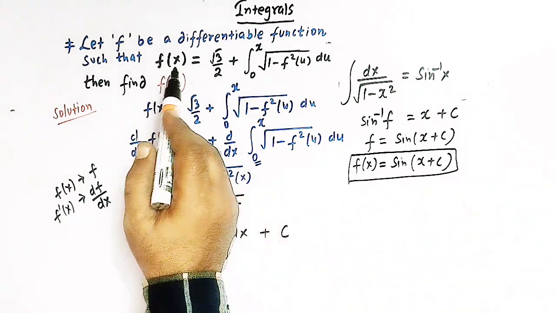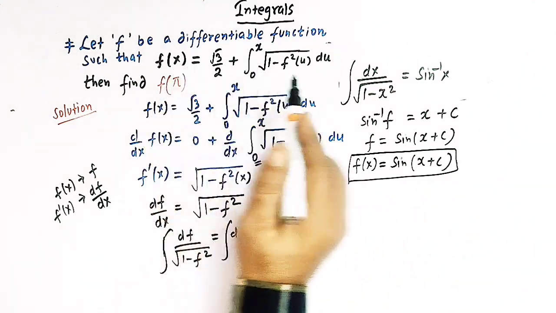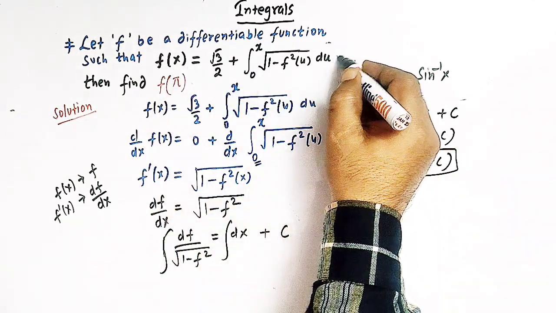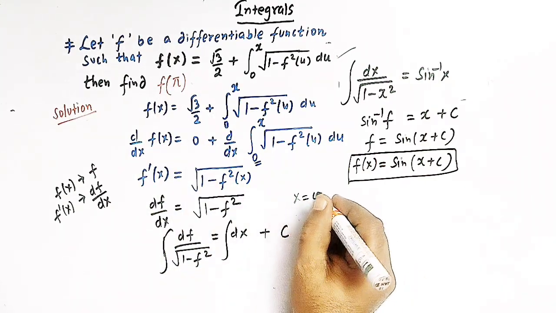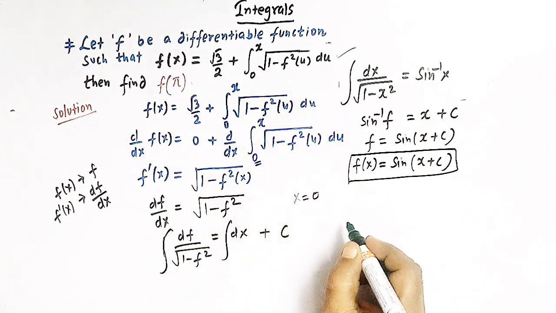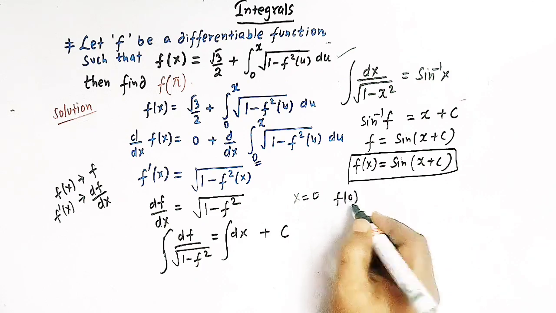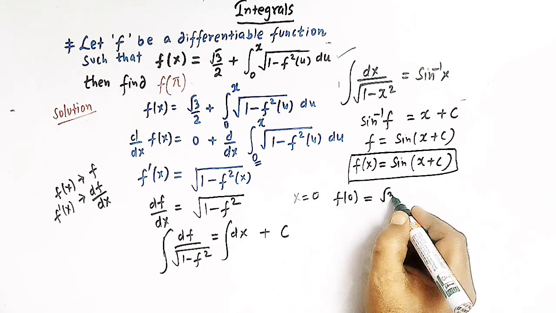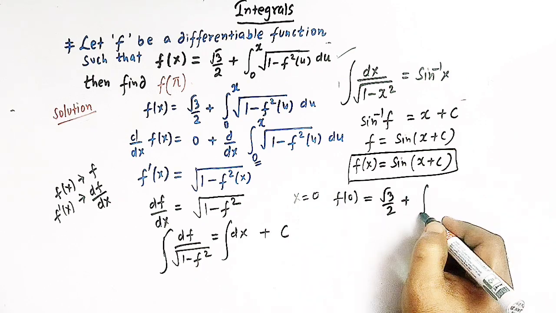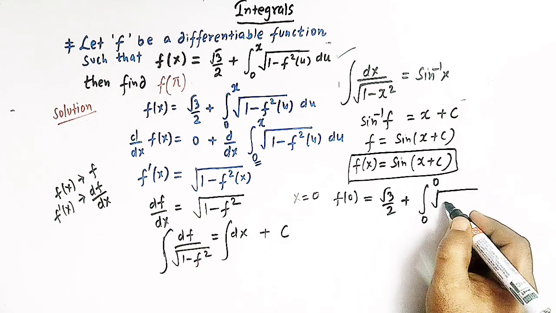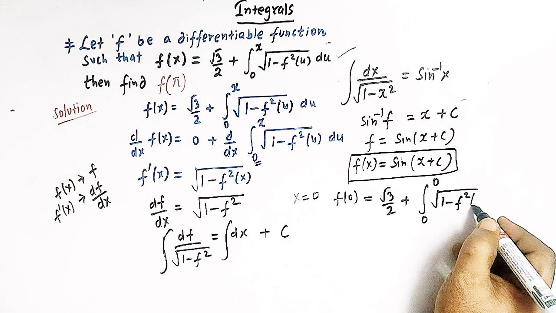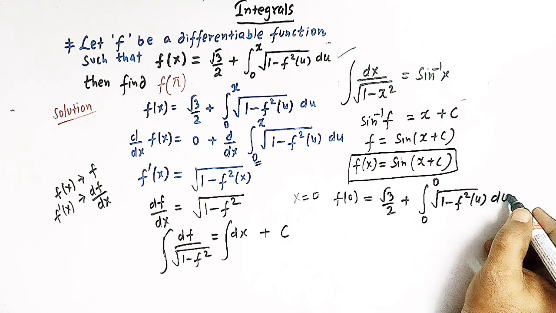So now let us take x is equal to 0 in the given equation, right? So when we take x is equal to 0 in this equation, we have f of 0 is equal to square root of 3 over 2 plus integral 0 to 0 of square root of 1 minus f square u du.